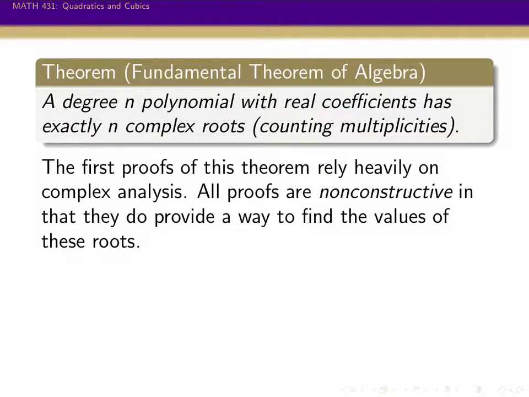Okay, we're not going to prove this. The proof is actually fairly involved. The first proofs, and the ones that are easiest to follow, use complex analysis, which is way outside the scope of this course. And so we're just going to take this as a fact. This was proven right around the beginning of the 1800s.